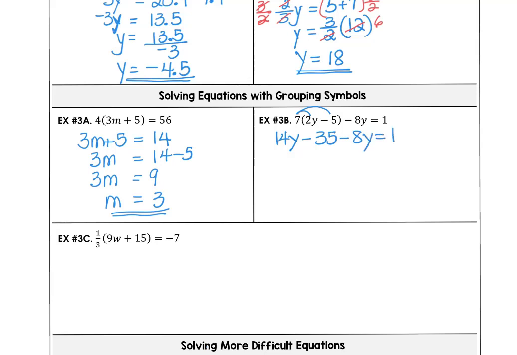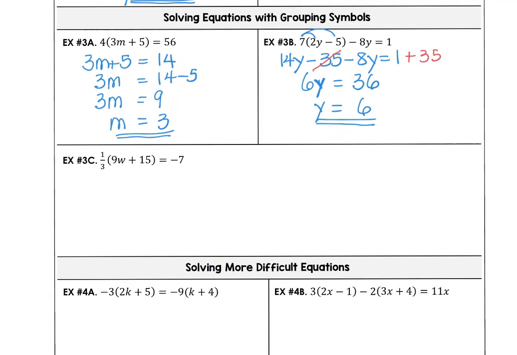So to get the y's together, we could add 35 to the right side and then collect like terms. 14y minus 8y gives us 6y, and 1 plus 35 is 36. Finally, we want to undo multiplying 6 on the y, so dividing 6 on both sides. 6 divides 36 evenly, and y equals 6.